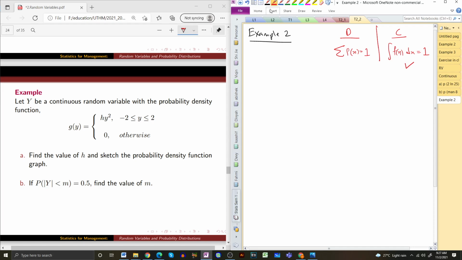So find the value of h. Sketch, no need, you know the sketch. Find the value of h from -2 to 2. This one should be 1. h is just a constant number.